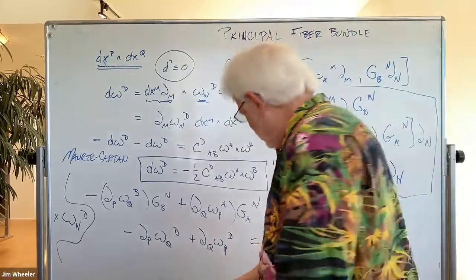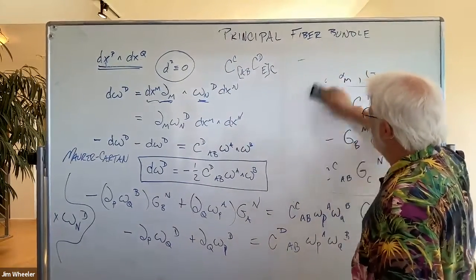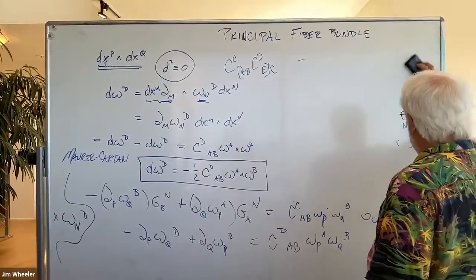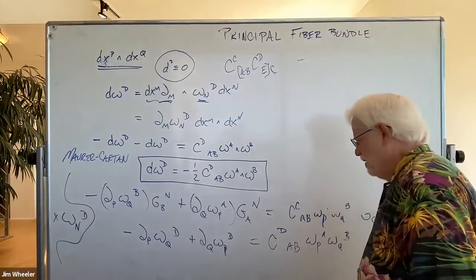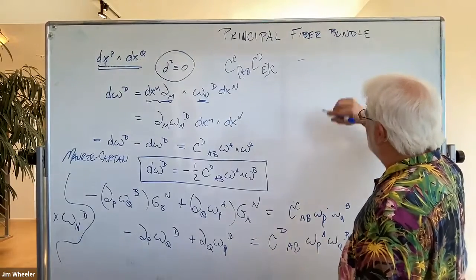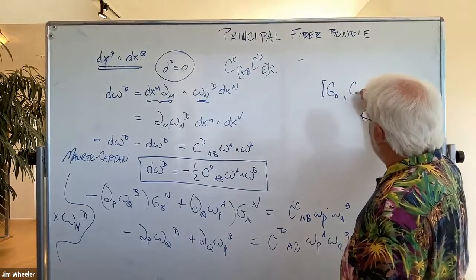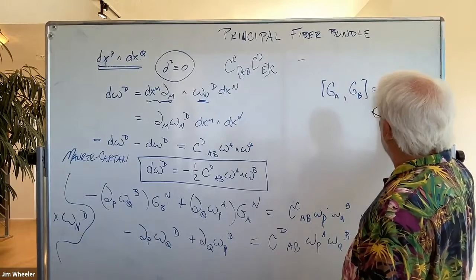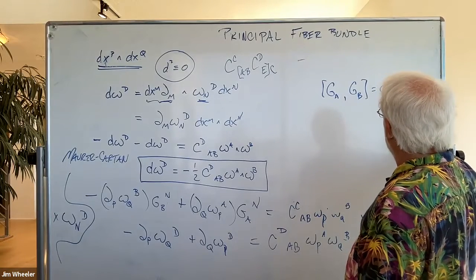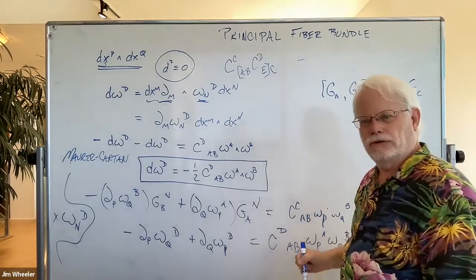The Lie algebra, let's say, is invariant under the action of the group.